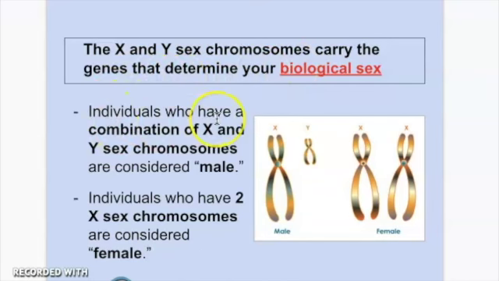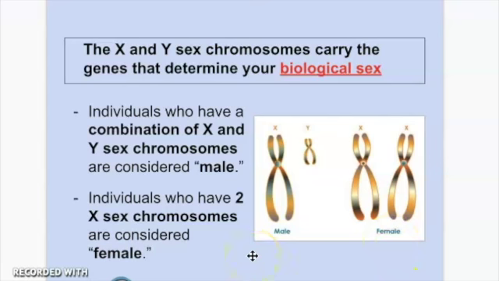Now, individuals who have a combination of X and Y sex chromosomes are often referred to as males. Okay, individuals with two X chromosomes are grouped together as females.